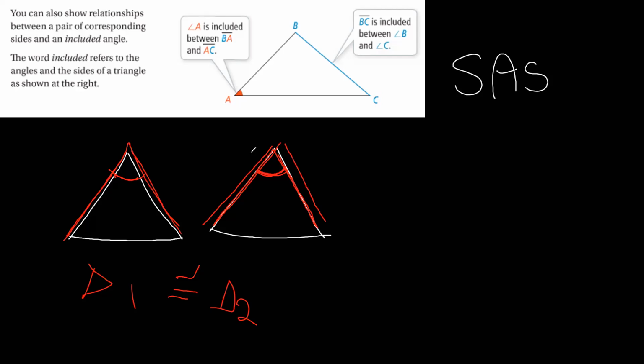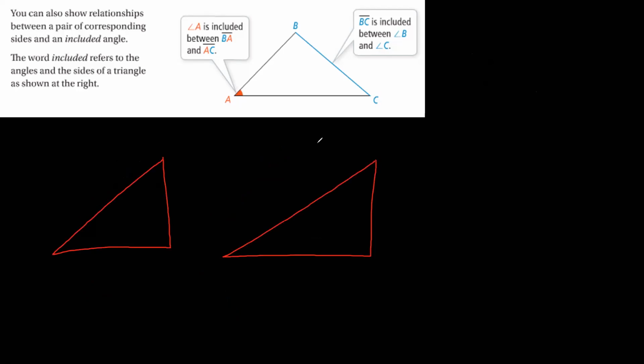If I say that I have these two triangles, look at this triangle and this triangle as an example. If I tell you this side is congruent to this side, and this side is congruent to this side, where will the third angle be? Where does it have to be?